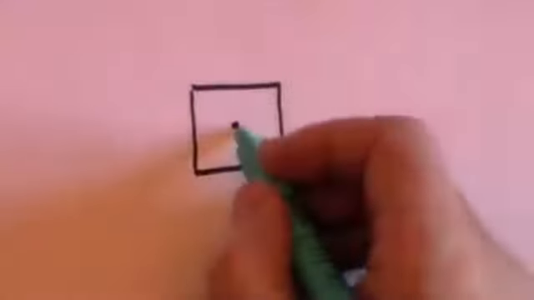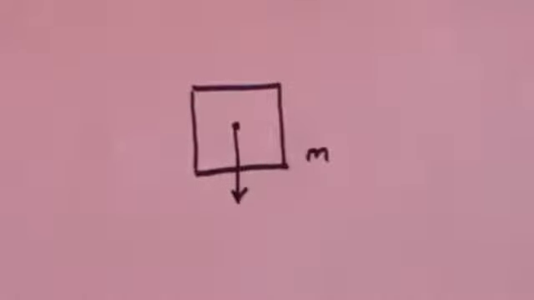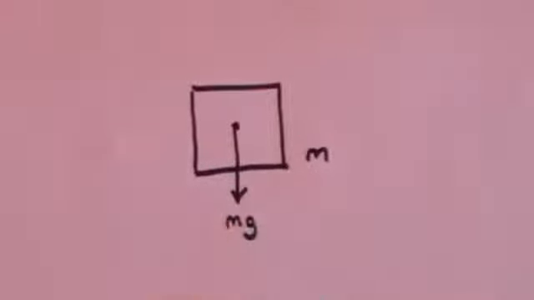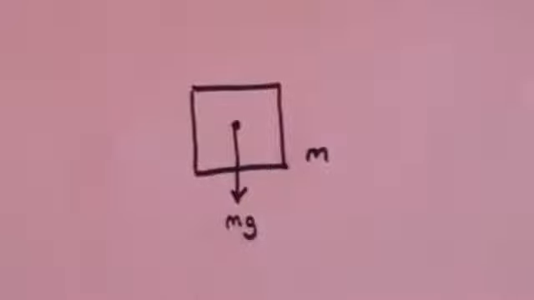centre of mass. So the weight or the force caused by that body in a gravitational field is mg, and we can say that the whole of that mass operates from the centre of mass.